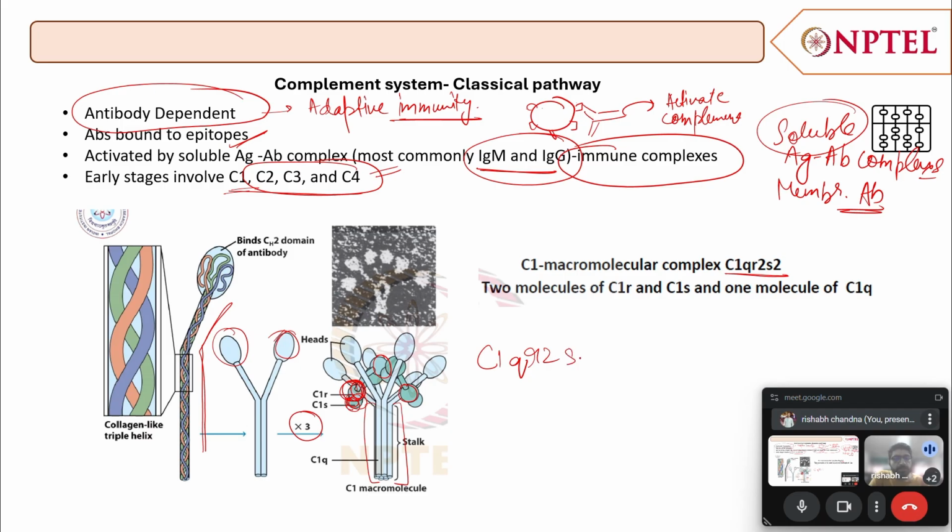That's why the nomenclature is like this. This is the macromolecule of C1. As you can see here, this is the electron micrograph of the whole macromolecule. This molecule helps in binding to the antibody that is bound on the microbial surface. This is how it binds because of its structure.